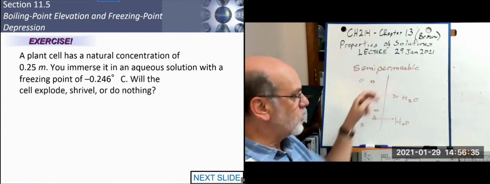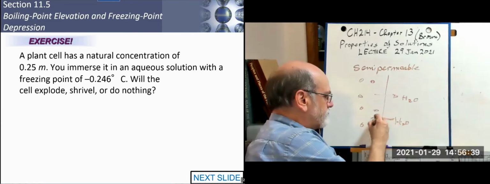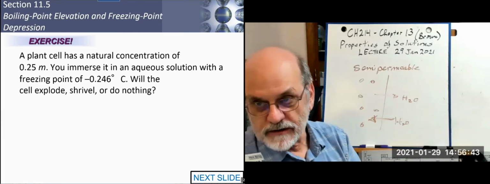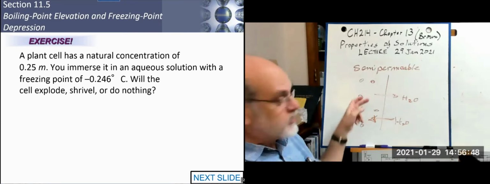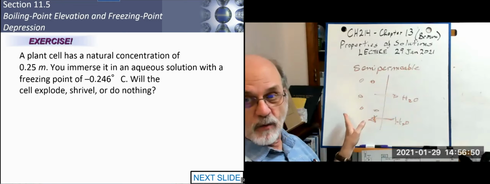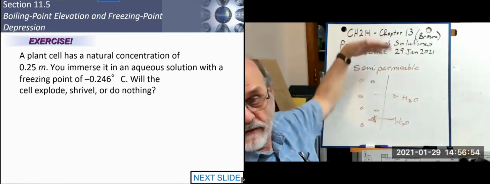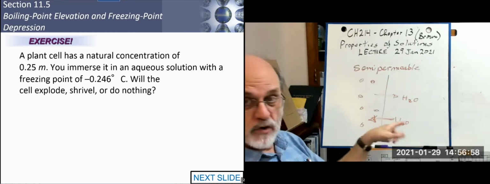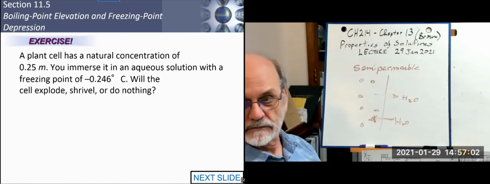So the water moves slower in this direction and faster in this direction. So when is equilibrium established? Well, equilibrium is established when you've got water moving this way the same rate as that way. Now, if there's no external force involved, right, no pressure here, then these will keep moving. If this is pure, these will keep moving until all of that's gone.